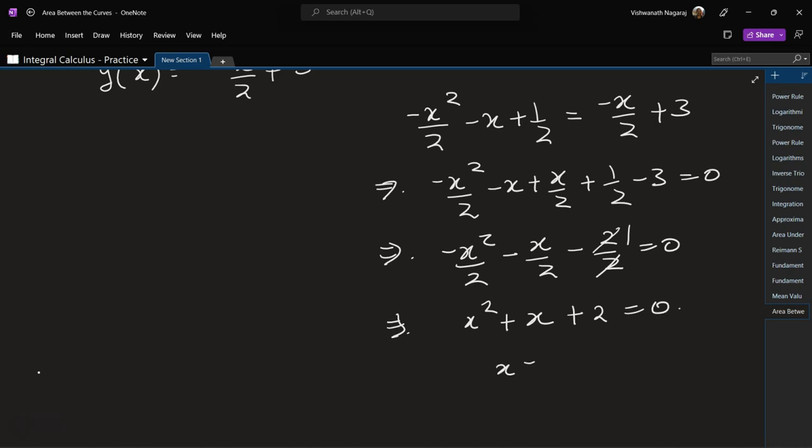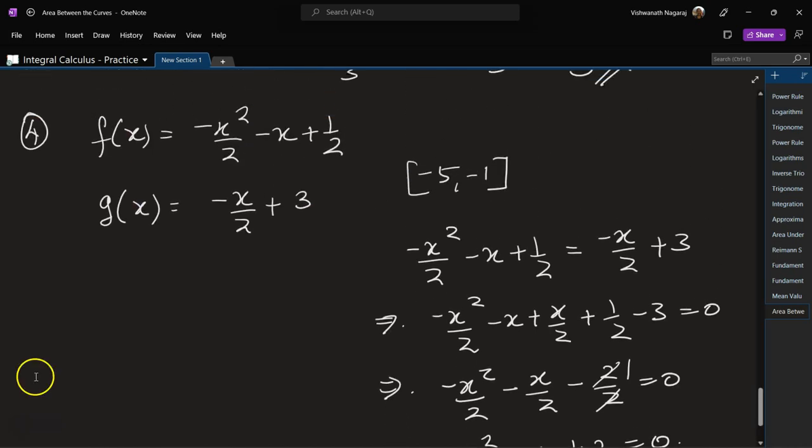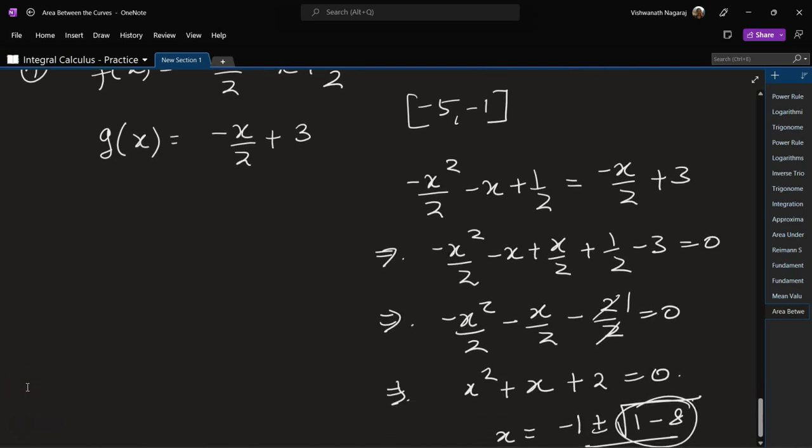Now if we use the quadratic formula, minus b plus or minus square root of b square minus 4ac by 2a, what do we get? This becomes a negative quantity, which means imaginary numbers, which means these two curves do not intersect each other. So that is one less thing to worry about.